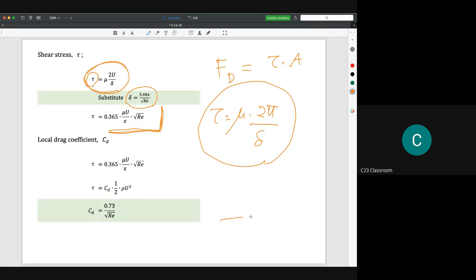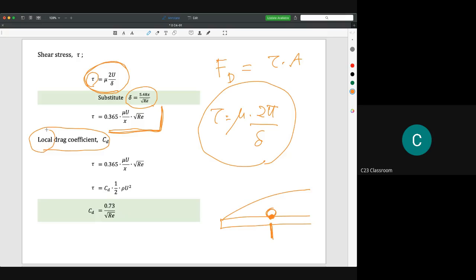So this is just a tau, a local shear stress. A local shear stress means if we have a plate here, and we have a molecule here, we are now calculating only the shear stress of one molecule at one specific area, one specific location. Then this shear stress will give us the local drag coefficient.